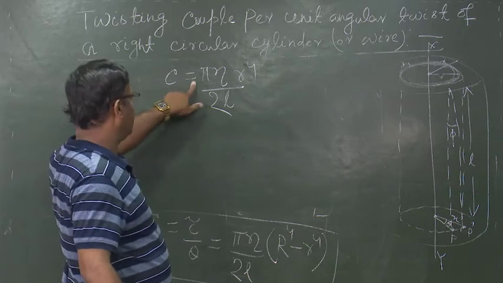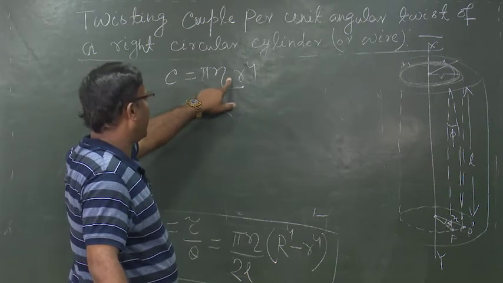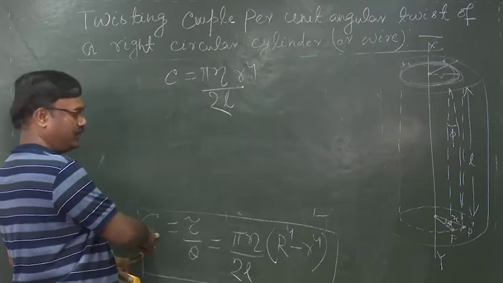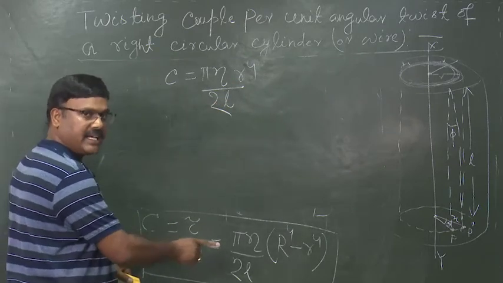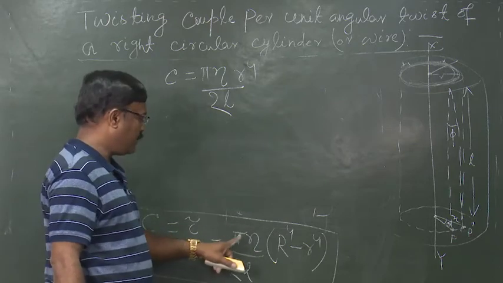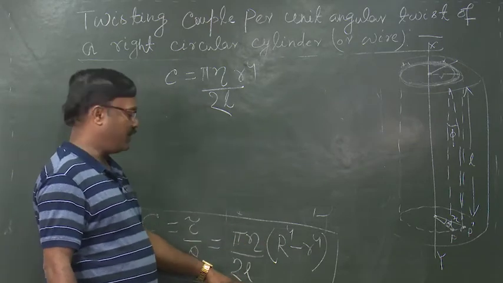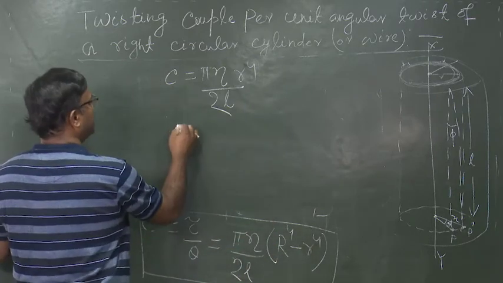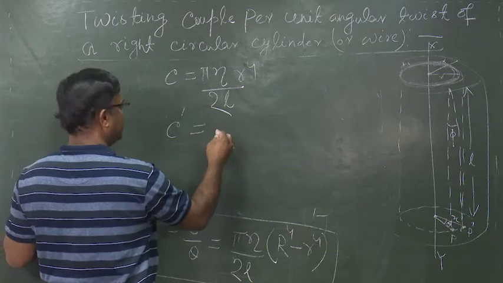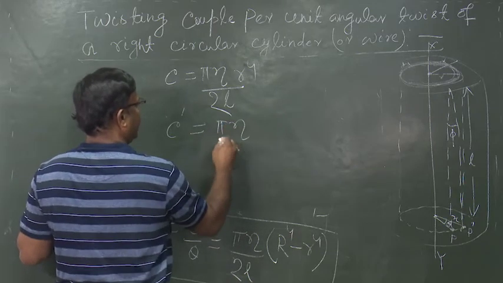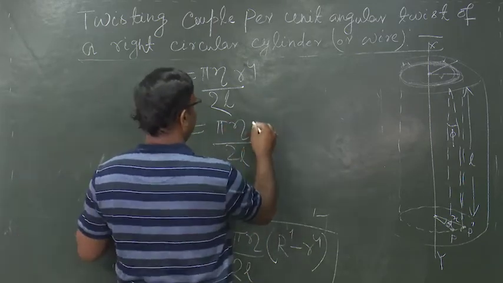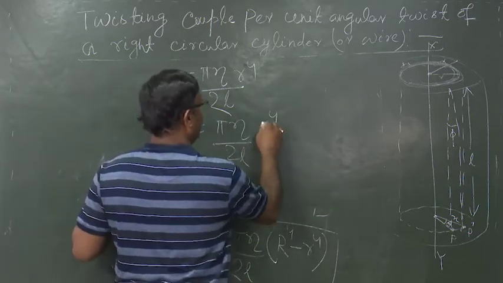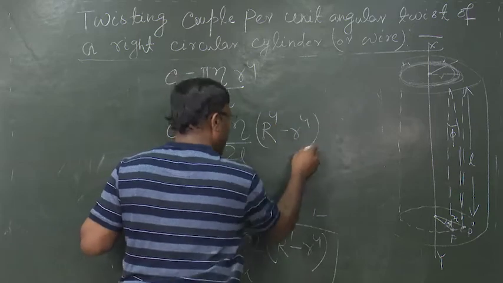And already we have found the torsional couple in the case of a hollow cylinder is pi eta divided by 2L into R to the power 4 minus r to the power 4. Let us term this as C dash.